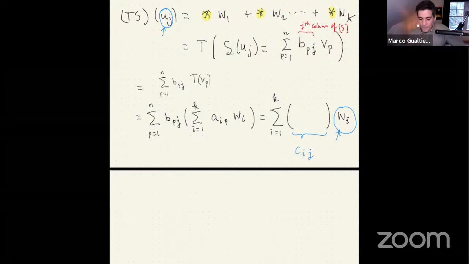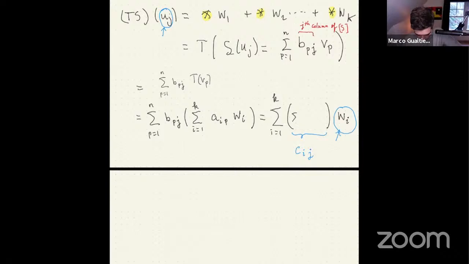So the way that you figure out the ij matrix entry of any linear map, as we discussed before, is to apply the linear map to a basis element Uj, expand that in terms of the Wi, and then this coefficient is exactly Cij. And what is this Cij? Well, we just have to take a look.